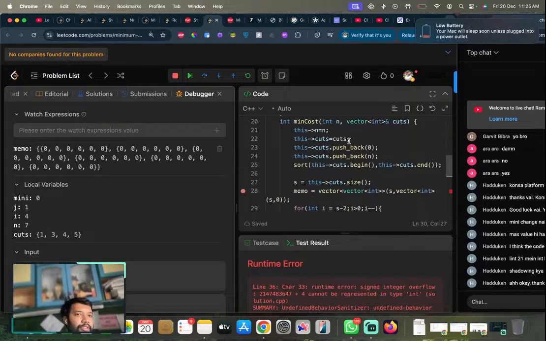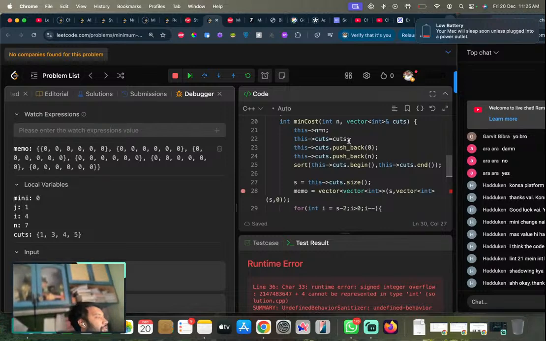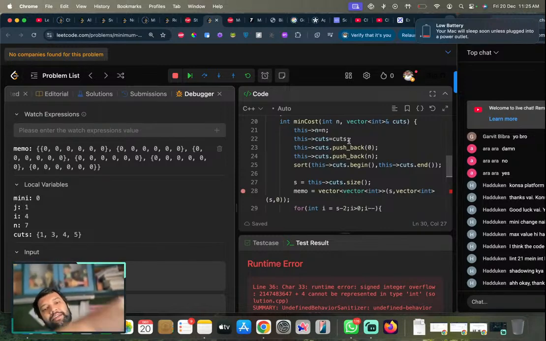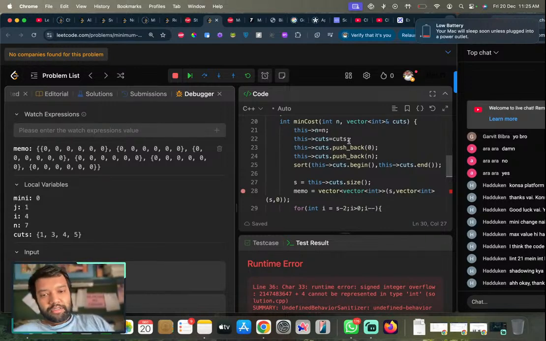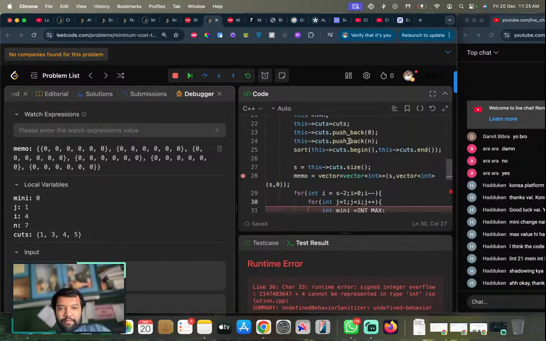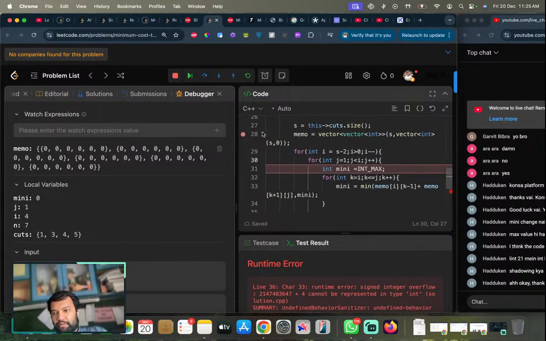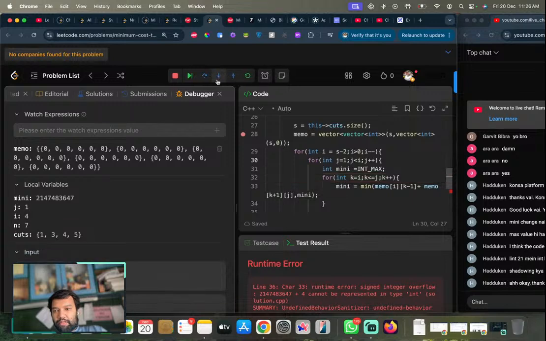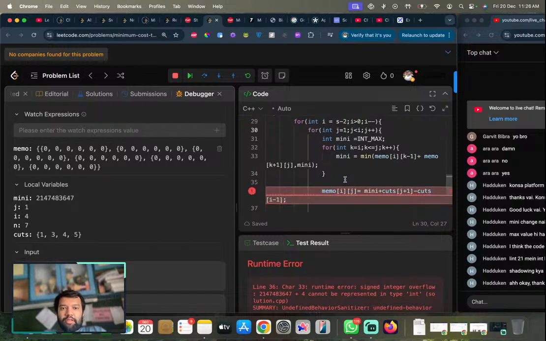If I have to do J plus 1, I should start J from the back. And if I have to do I minus 1, I should start I from the start, I guess. Let's just see. Mini right now becomes into max. K becomes K is equals to I. Please.